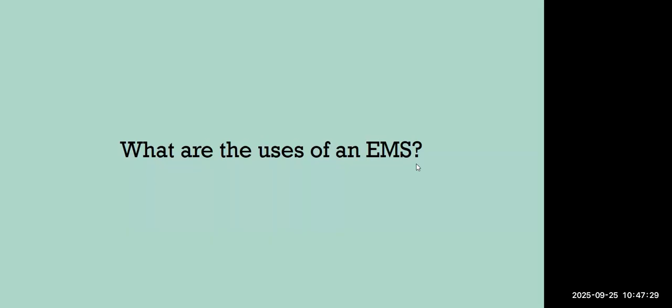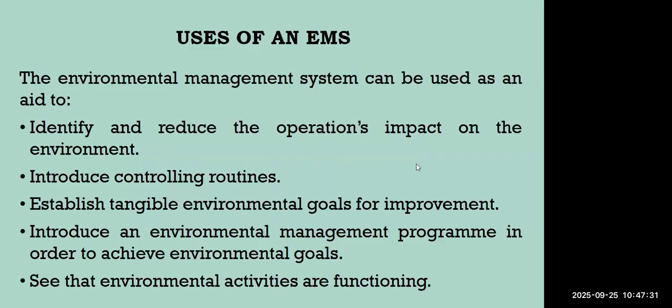Okay, I'm just going to go through a few. Firstly, it can be used as an aid tool, and it's not limited to these, please note. So operations impact on the environment. How do you think an EMS can identify and reduce an operation's impact or a company's impact on the environment?